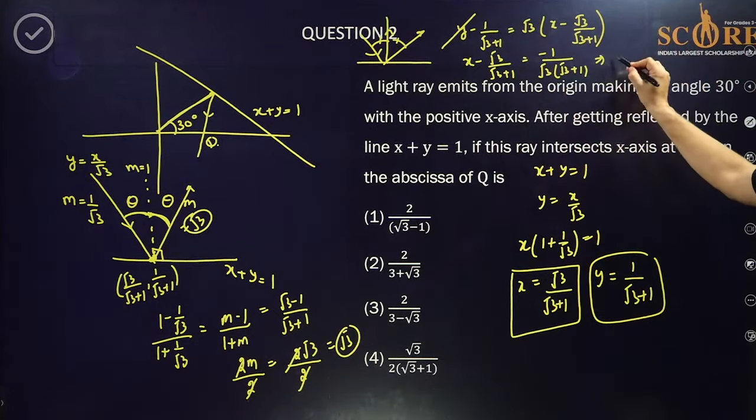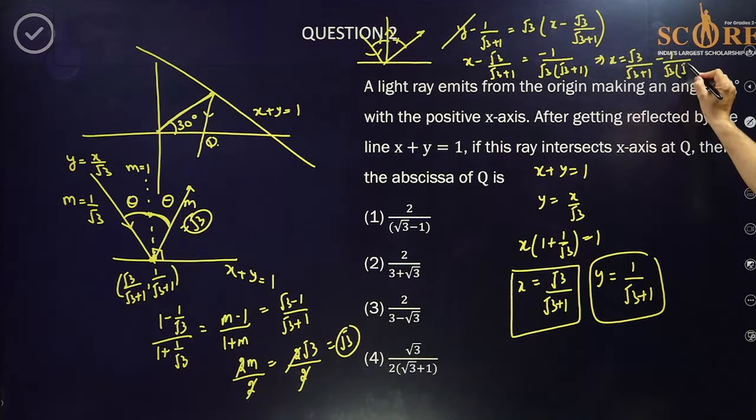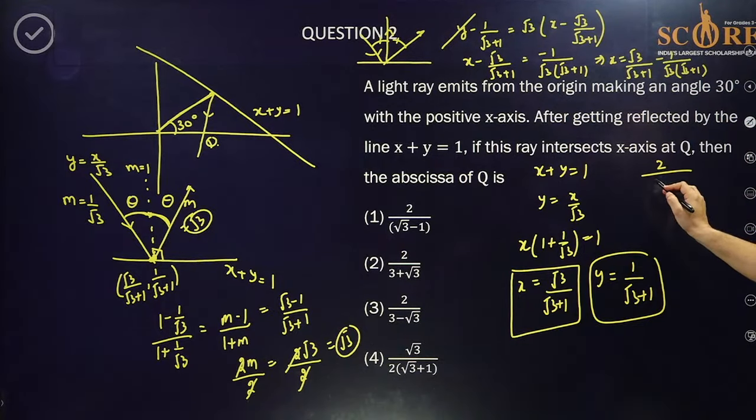So finally your x will be root 3 upon root 3 plus 1 minus 1 upon root 3 into root 3 plus 1. So this is 2 upon 3 plus root 3. So 2 upon 3 plus root 3 is the right answer.